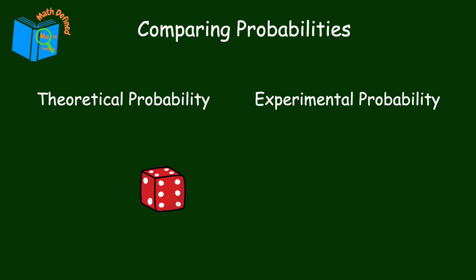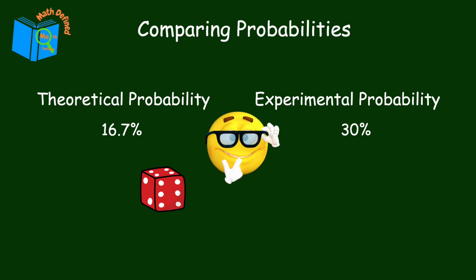Our theoretical probability was 16.7%, but our experimental probability came out to 30%. That's a big difference. Why doesn't it match? In small experiments, results can be random, but as we do more trials, experimental probability tends to get closer to theoretical probability. Try it out for yourself.